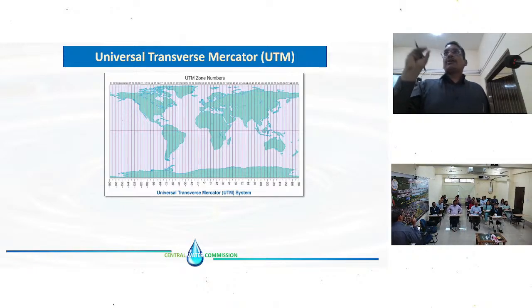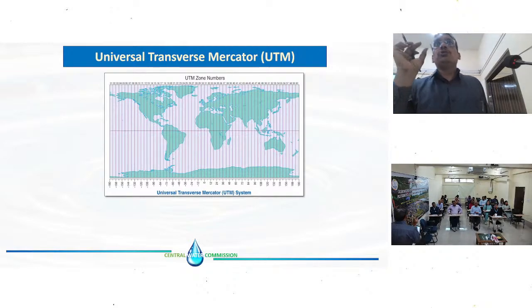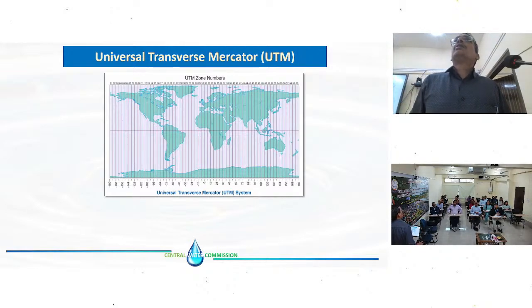That is, if you are working in any particular state, you look where your location's UTM zone is, and then you choose that as your projected coordinate system, and then you will get your results in SI units. Distances, areas, you will get directly in meters, in square meters. So this is very convenient.